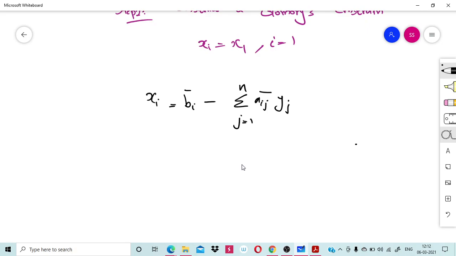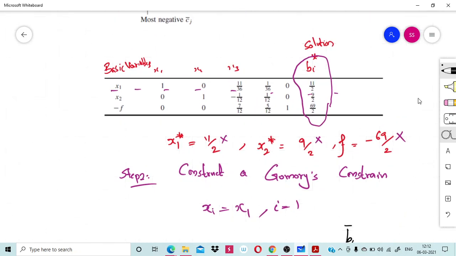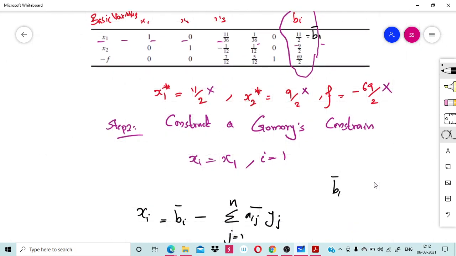In this case we have x_i equal to b_i bar, which is nothing but b1 bar, that is equal to 11 by 2.